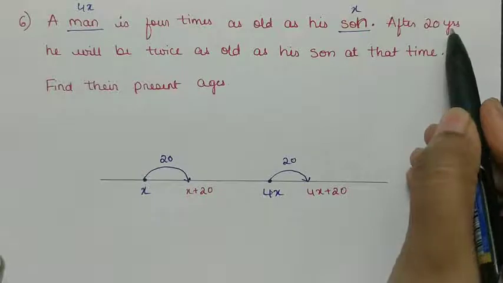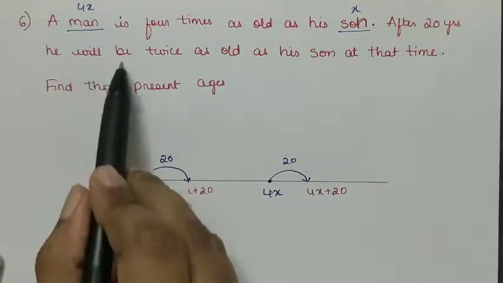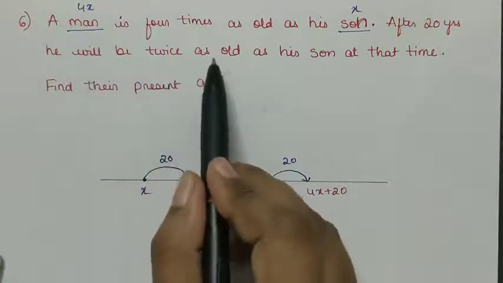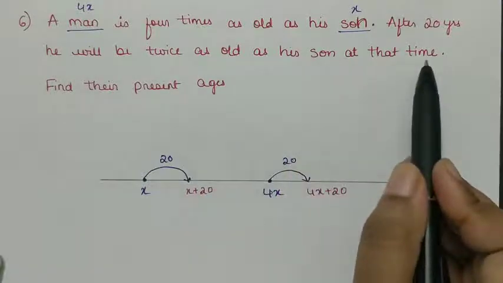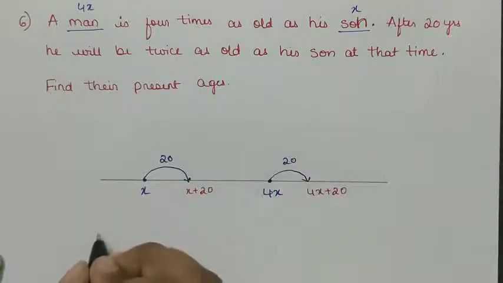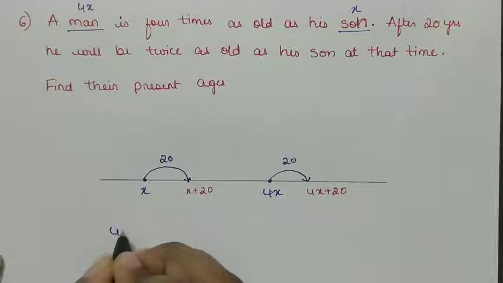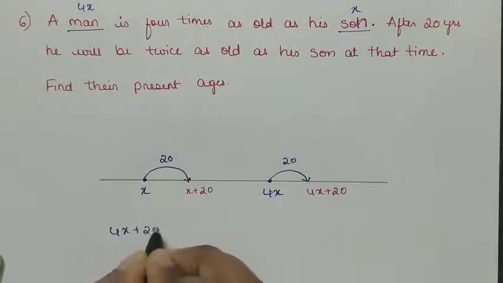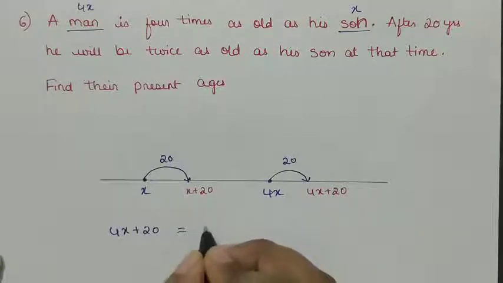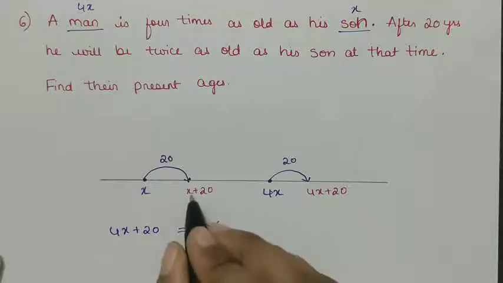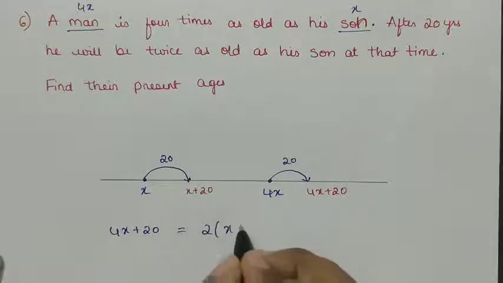After 20 years, the age of the man will be twice the age of his son at that time. Therefore, after 20 years, the age of the man, 4x plus 20, is equal to twice the age of the son, x plus 20.